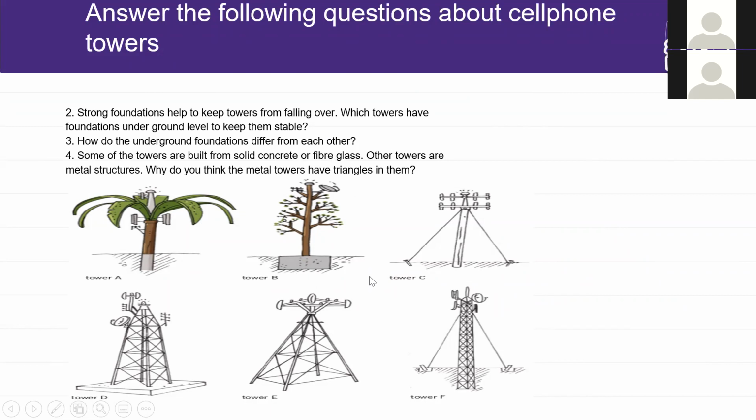Now, how do the underground foundations differ from each other? I want you to talk to me. Raise your hand, we'll unmute you, and then you can talk to me.